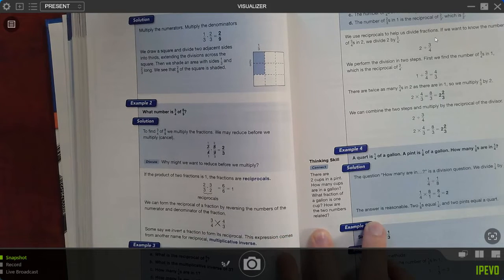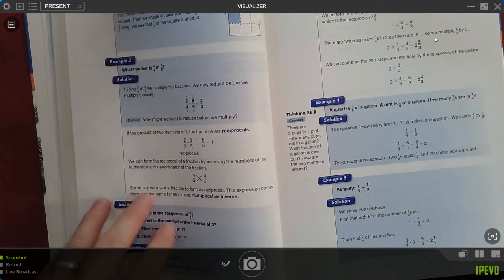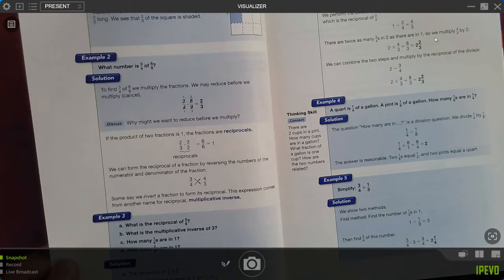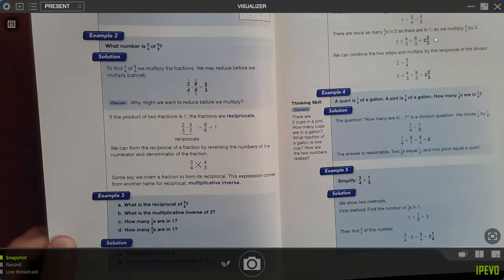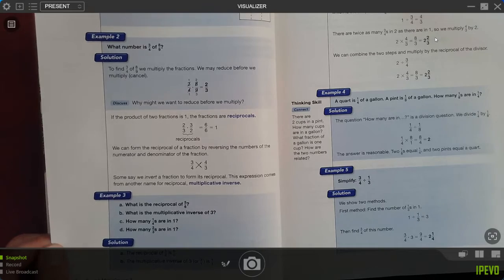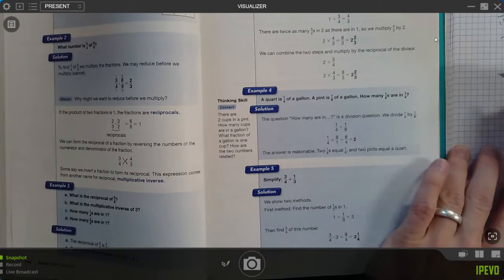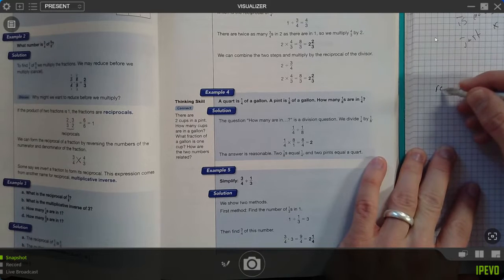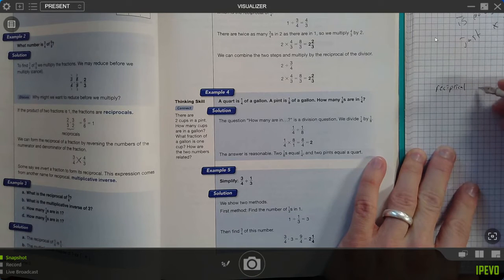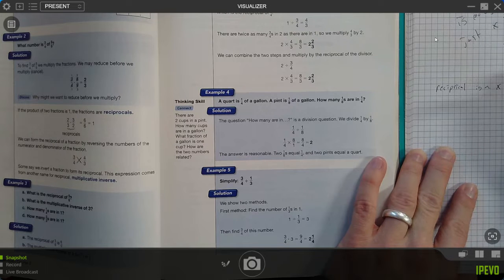Oh, they also want us to know about reciprocals. Okay. Our reciprocal is going to give us 1. Okay, remember. They're bringing this back. Okay. Reciprocal is a multiplication or division problem that gives us an answer of 1.